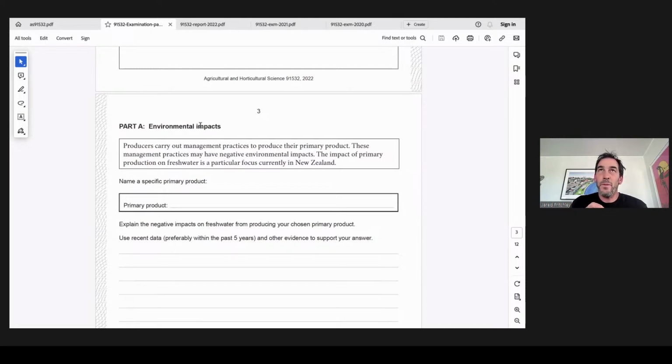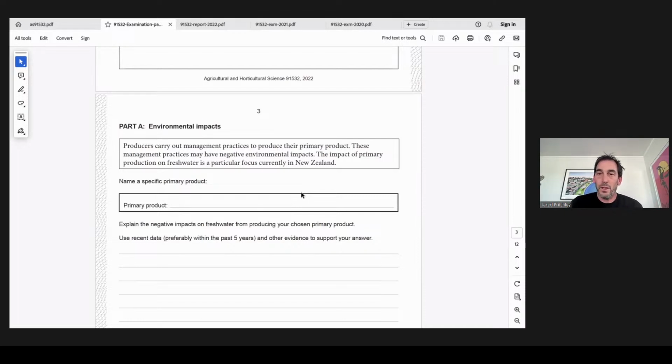I think the employment and the income and the rules fall out of understanding it from an environmental sense in the first place. So again, looking at the past paper, what is your primary product you're producing? If you're a candidate spending an hour answering this paper, it might be on your apple orchard you went and visited, or your dairy farm, or if you didn't visit it, you learned about it, or your sheep and beef farm.